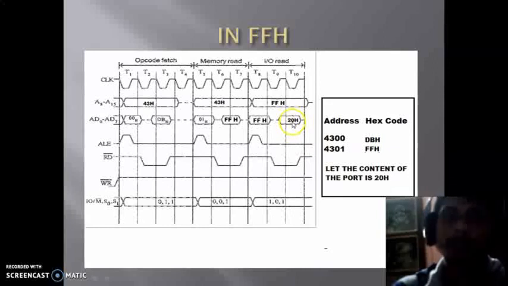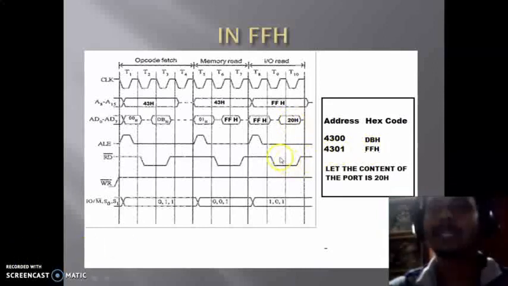So here the read signal is low for T9 and T10 T states, and the IO/M bar, S0, S1 status signal will be 101 for the IO read operation. So in this instruction IN FFH, the data, say 20, will be stored into the accumulator through this port address FFH.